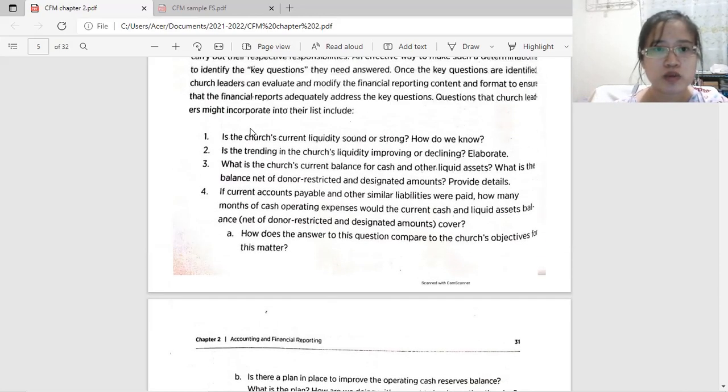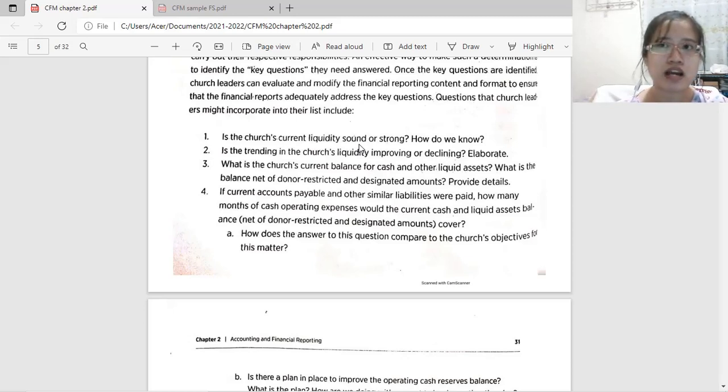Okay. First one is the church's current liquidity sound or strong? How do we know? So when it comes to church liquidity, again, it's about the availability of cash to be used for the current operations of the organization, or the ability of the organization to convert its non-cash assets into cash.